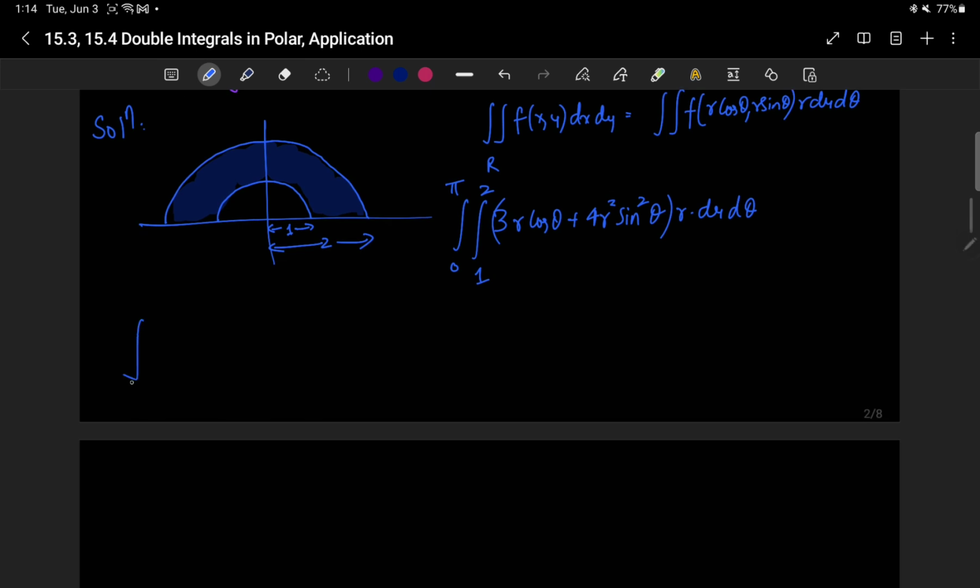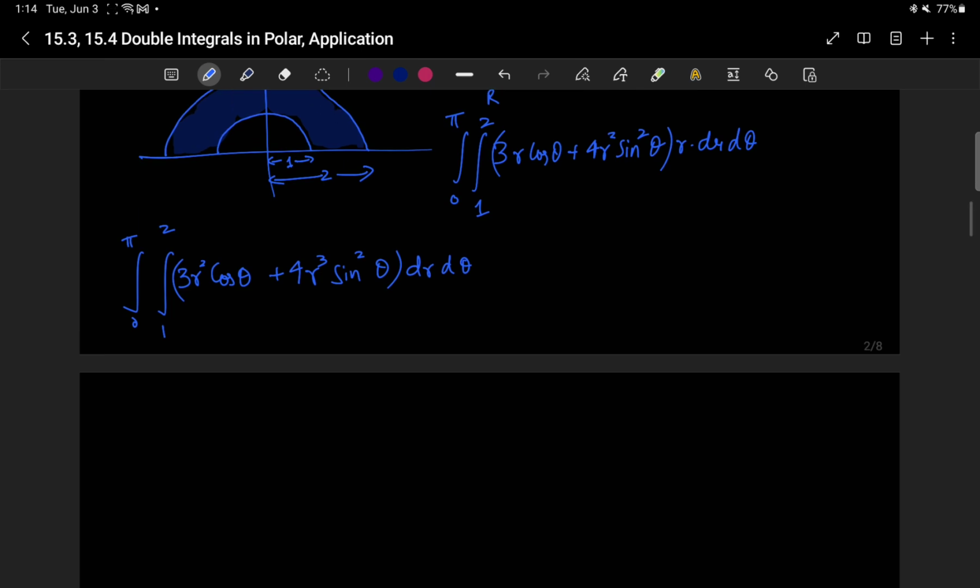Multiplying that r in there, we get the integral from 0 to pi, 1 to 2, of 3r squared cosine theta plus 4r cubed sine squared theta, dr d theta. Now at this point, it's the same story, which is we can work with them separately. So when we evaluate the dr first, we will treat each of the theta terms as constant.